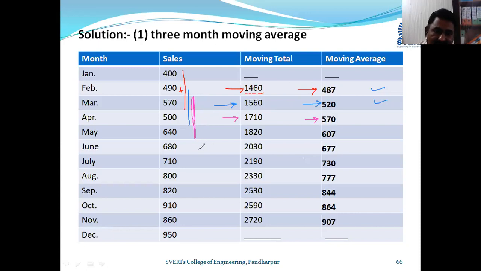Take the next point, I can say here. That is the next month I have to take. Okay, so you can take these months, but these 3 months. I will take April, May, and June.